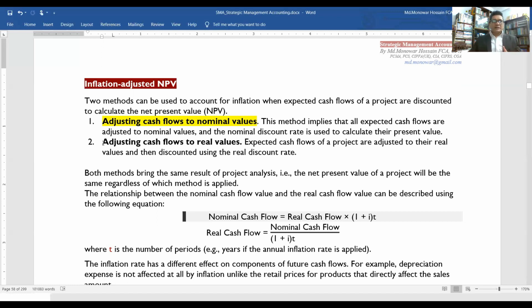And another is adjusting cash flows to real values. First nominal values, another real values. Expected cash flows of a project are adjusted to their real values and then discounted using the real discount rate.